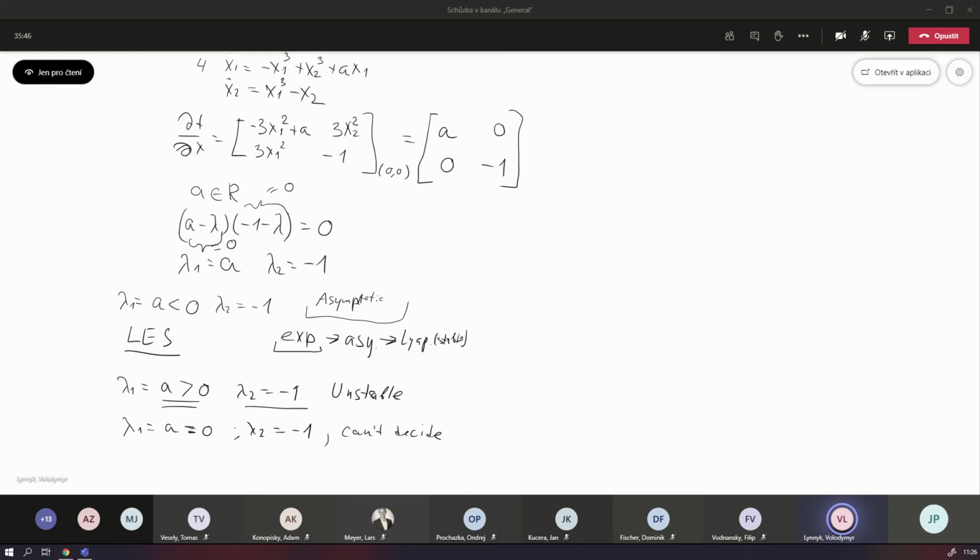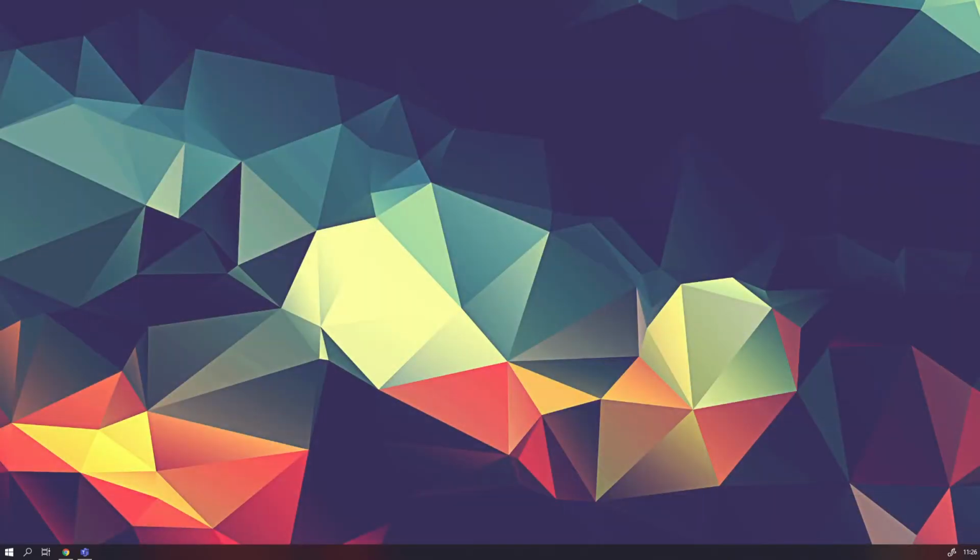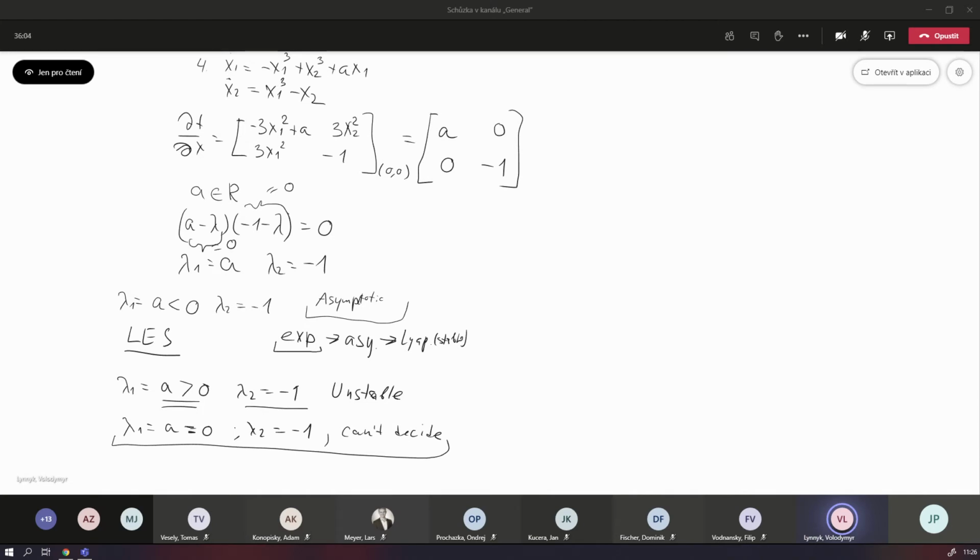Okay, this is a full answer for the last exercise, because someone only writes that when a less than 0, the system is stable. I know that maybe someone means that when a greater than 0, the system is unstable.